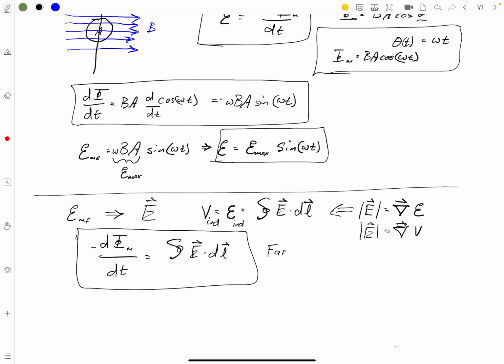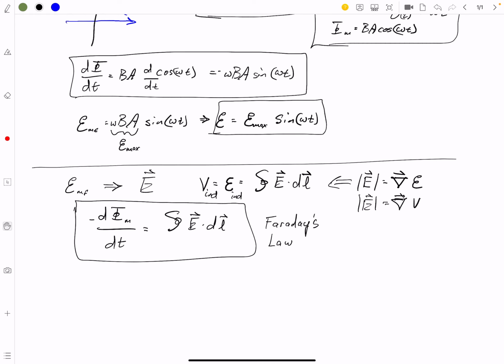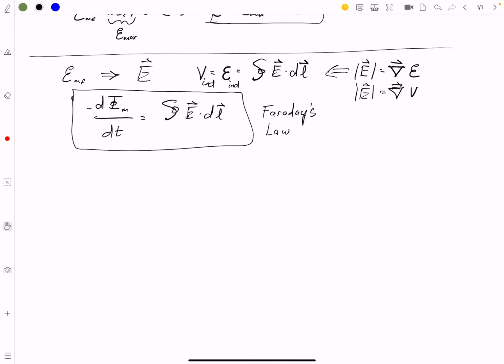So, Faraday's law. So many applications for this. Oh my God. So many.